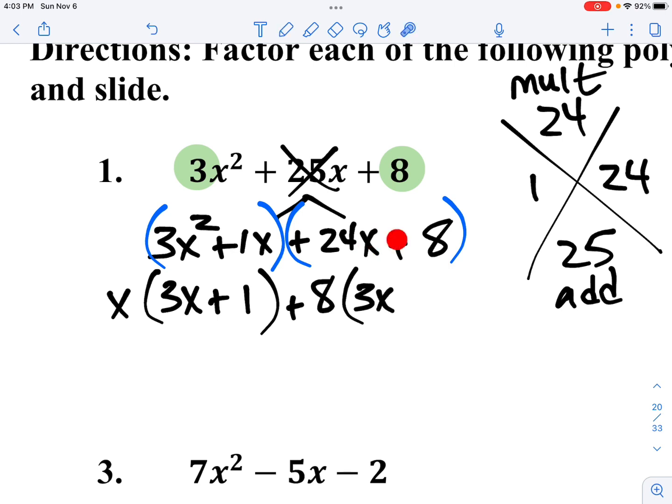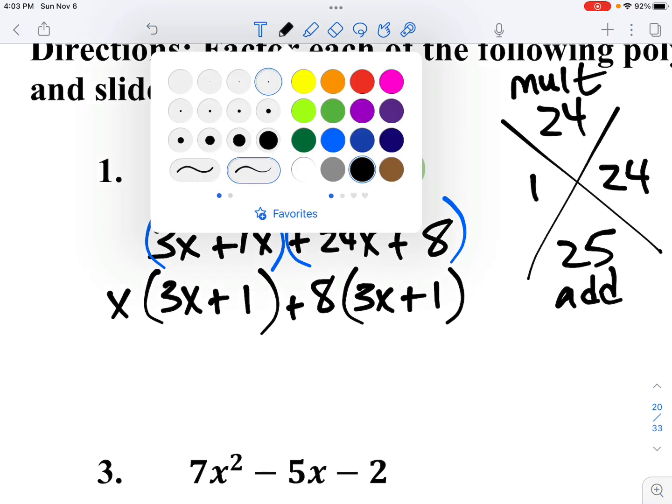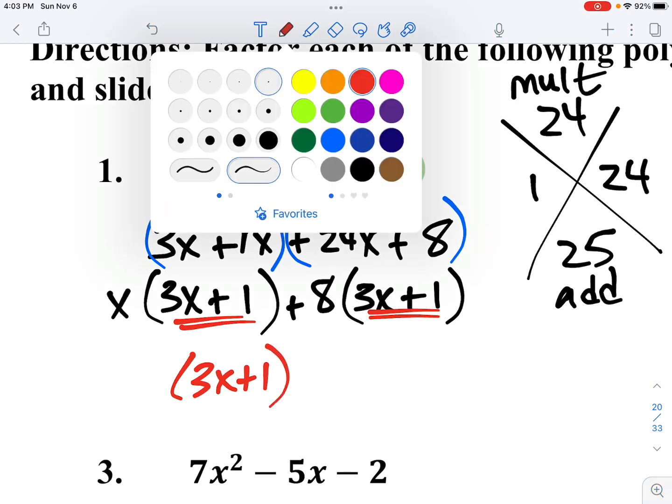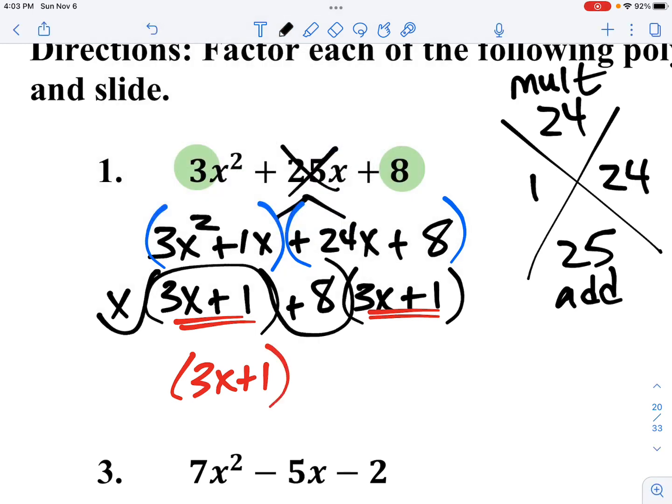I'm going to keep the plus sign, so write plus. And remember, 8 divided by 8 is 1. And great news, you guys, these two things match. That is the first part of my answer. Do you remember the second part? X plus 8. The things that are hanging out on the outside.